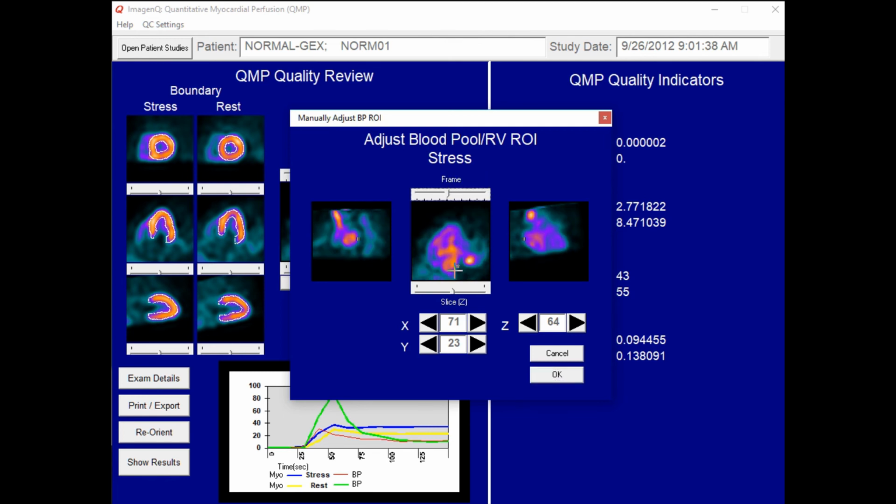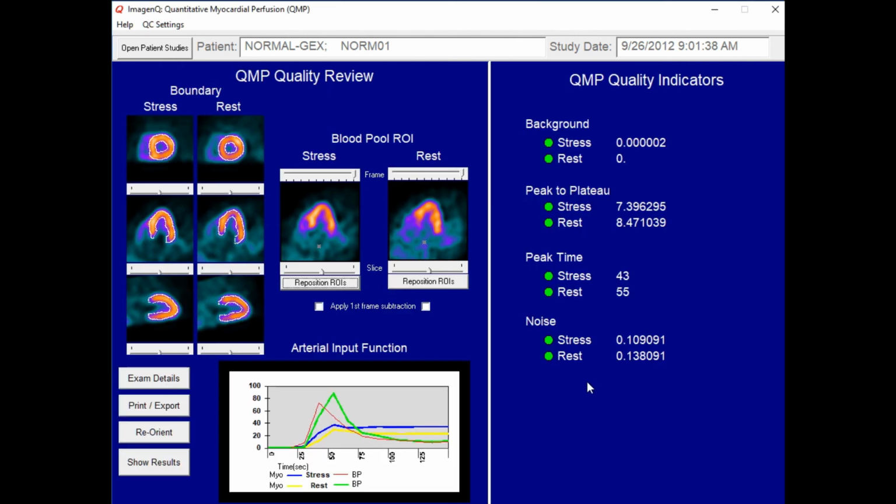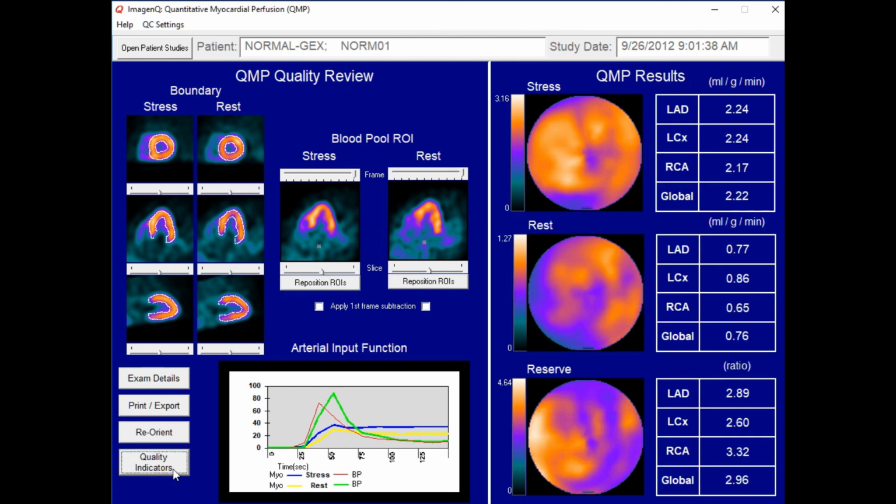Again, repositioning it where we would like it. Once we believe we have a good blood pool ROI, we can then display our final blood flow results. And in this case, we have a normal study with normal stress flow, normal resting flow, and normal reserve.